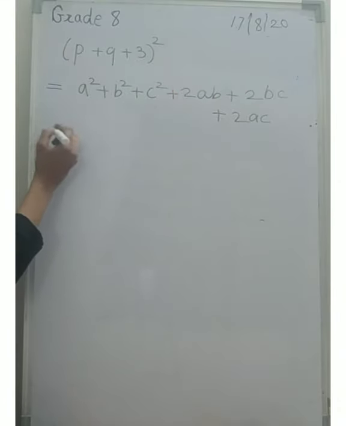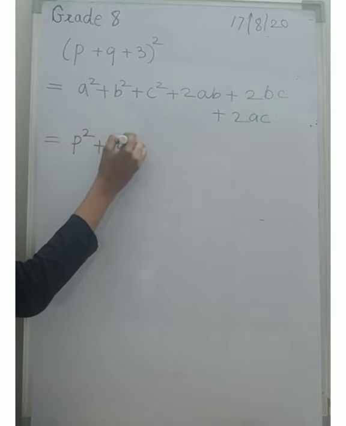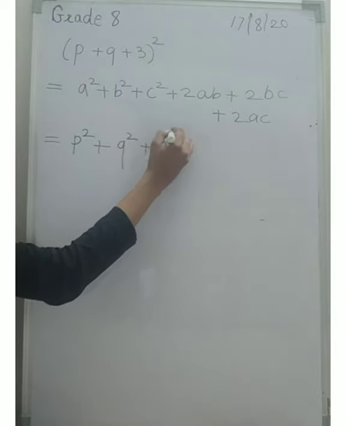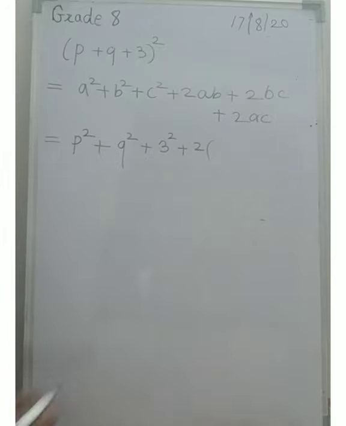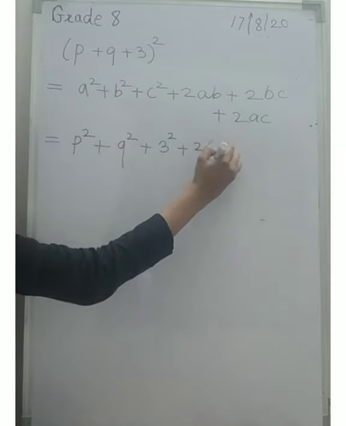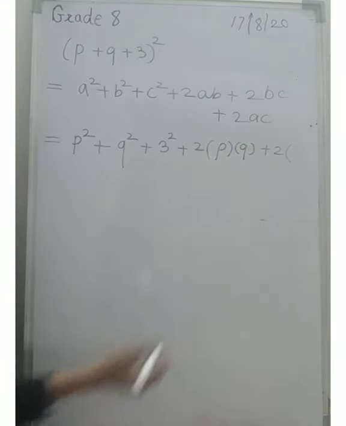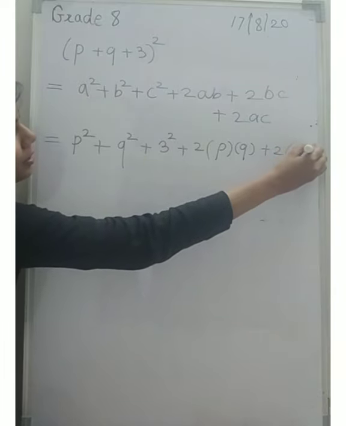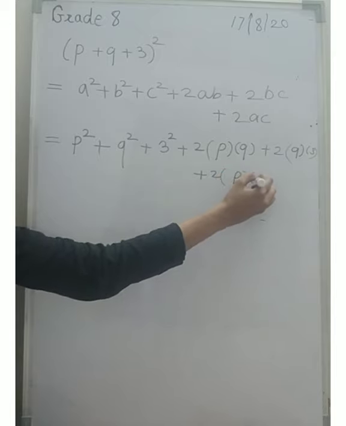So let's substitute the values. It is p² + q², because b is q, + 3² + 2 multiplied by a into b, that means p into q, + 2 multiplied by b into c, q into 3, + 2 multiplied by p into 3.